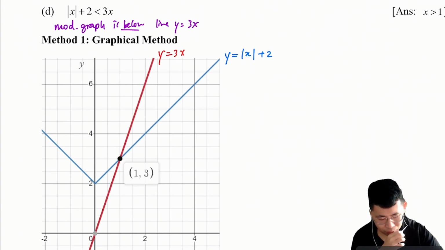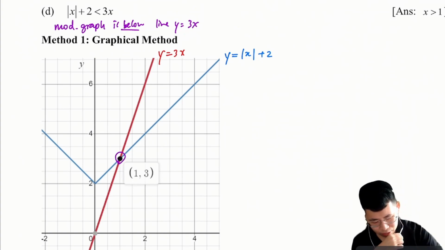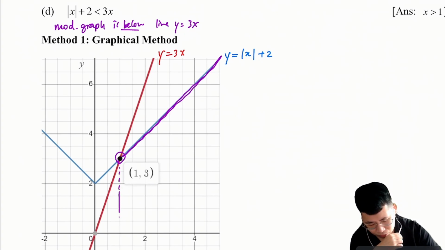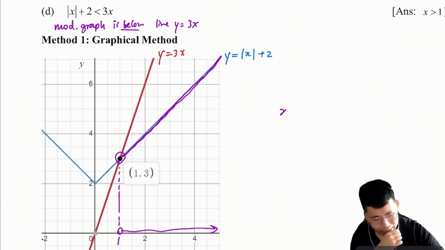Then what we do is look for the region where the blue line is below the red line. So it is this region over here. The solution is simply x greater than 1.